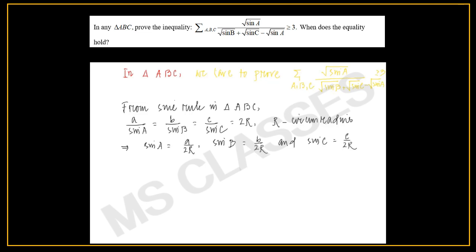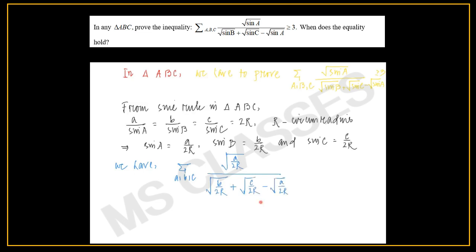Now we utilize this result in the given expression. With a, b, c as sides of the triangle, we have under root of a by 2R divided by under root of b by 2R plus under root of c by 2R minus under root of a by 2R.